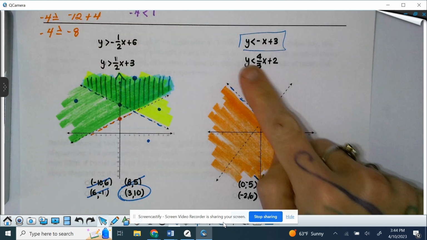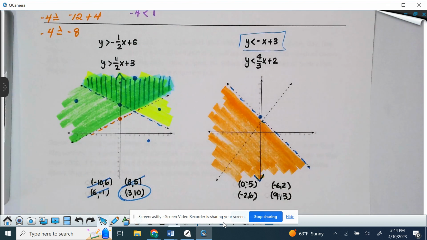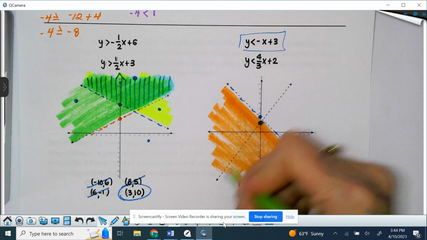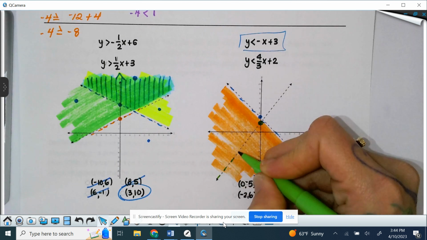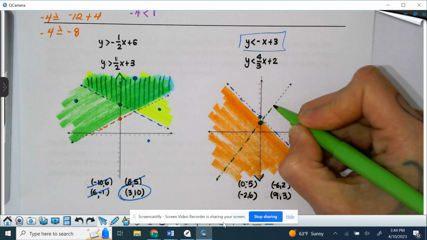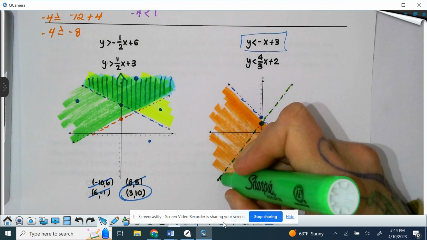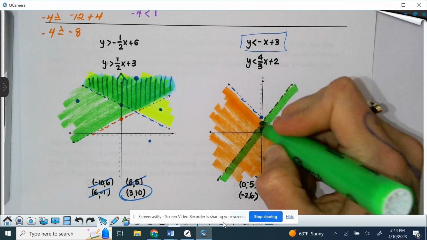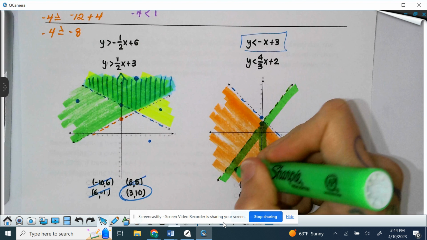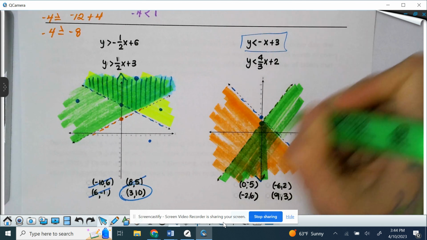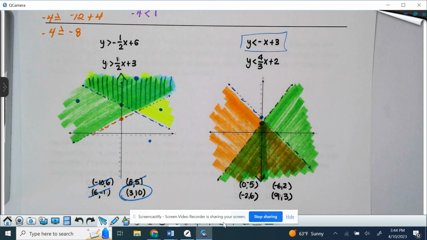And then y is less than, looking at that positive 2, which would be here, positive line. So we're looking at this line, again, dashed, which means nothing that falls on it is actually a solution. And then again is y is less than. So we're going to go from our line and shade towards that down arrow, because that's where the less than is, and then shade in everything on that side of the line.